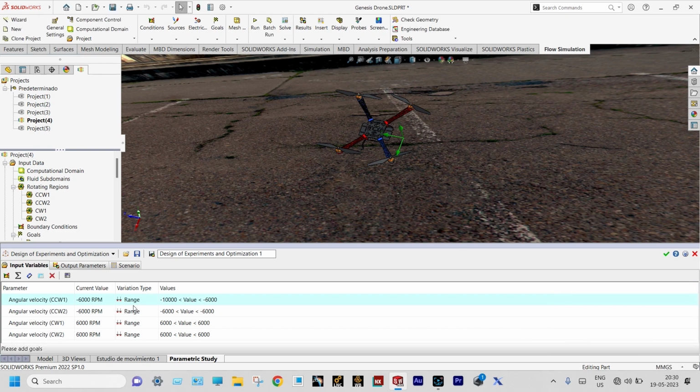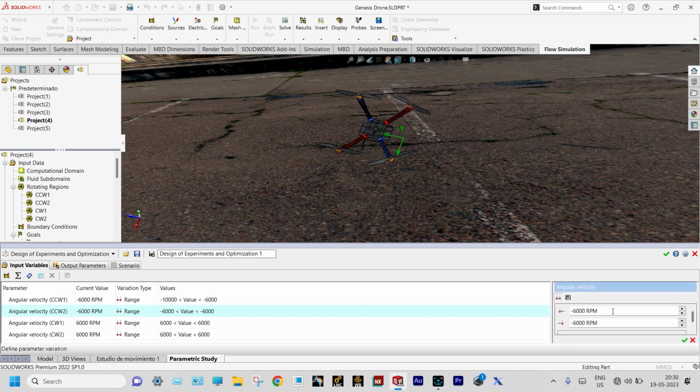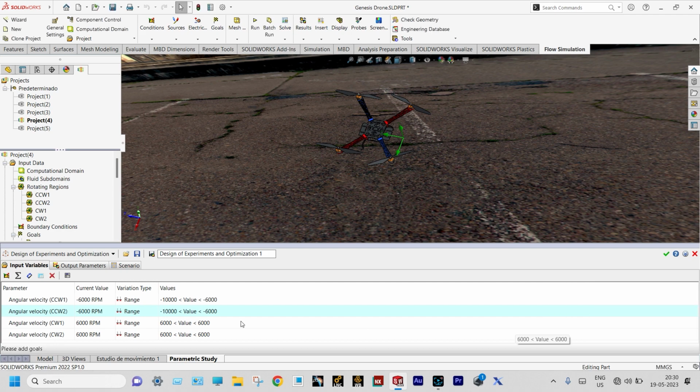This is the counterclockwise one. Second one also will select the range. It will be minus 10,000 to minus 6,000. And for clockwise one, it is positive. So we can select from 6,000 to 10,000.